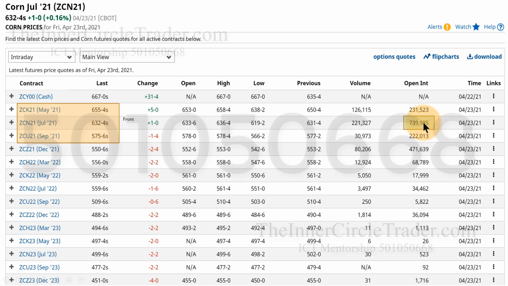So right away you know that this is the front month, May, and the most active is this one here, July. So if you're going to trade grains, you'd be in this contract here because it has the most open interest. That means there's a lot more people trading this, and it's more liquid than this month here and this month here.